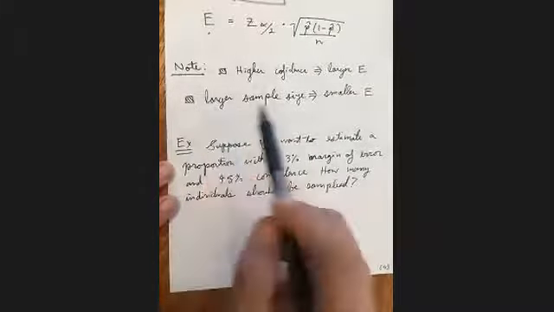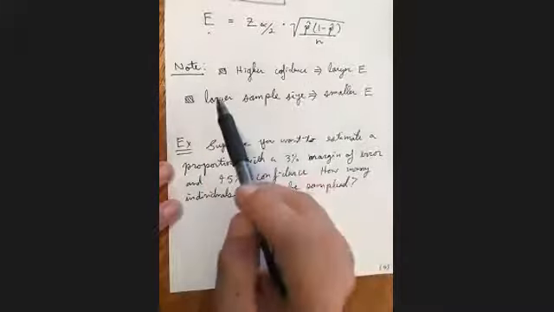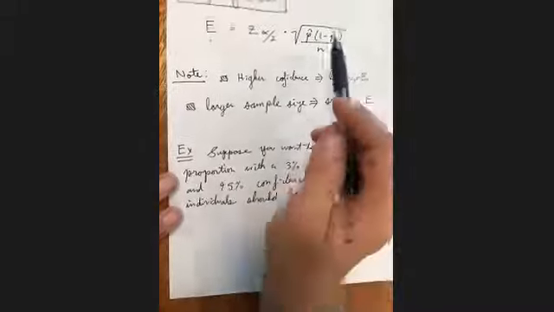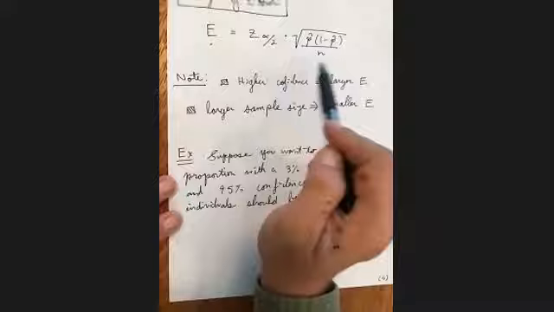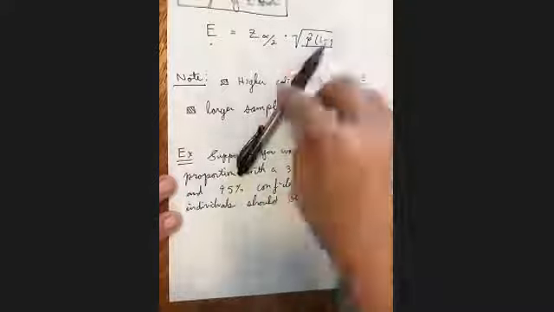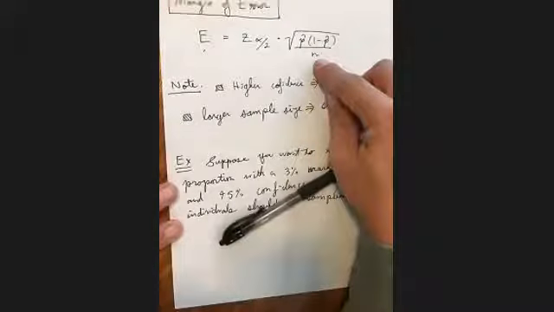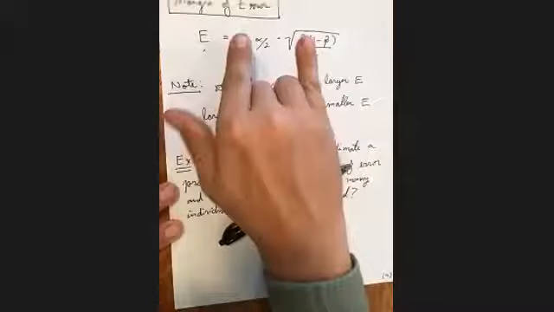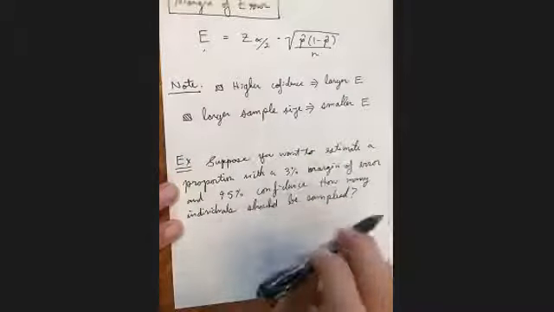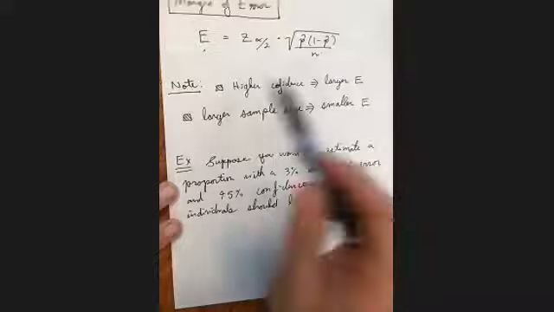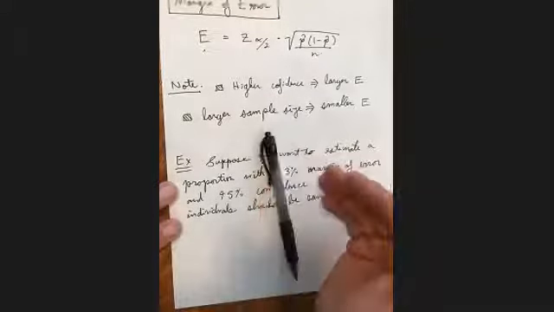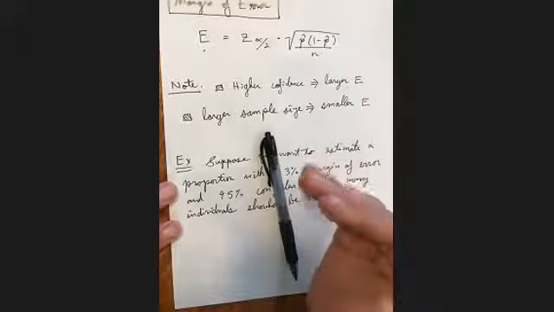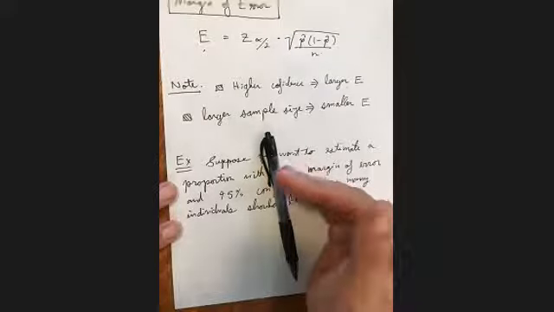But there's also another ramification, which is that a larger sample size means a smaller margin of error, right? We can see that the sample size is in the denominator here. So the larger the sample size gets, the smaller the standard deviation gets, and therefore the smaller the error gets. Now this makes sense intuitively as well, because we know that if we take a larger sample, we'll get a better estimate of the population proportion.